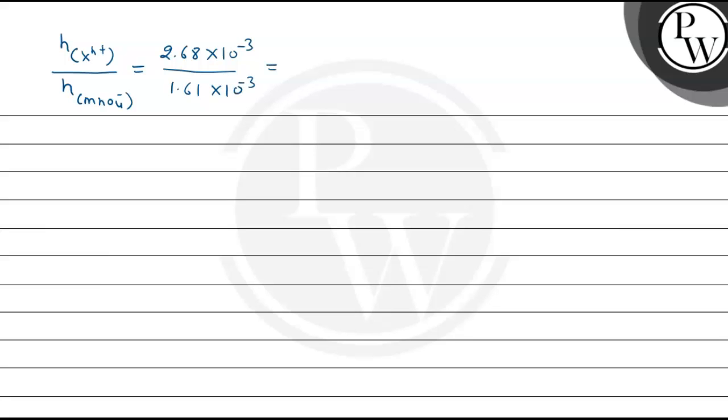After doing the mathematics, we will get the value 1.66. We are going to change it into the form of a rational number, and it is 5 by 3. So from here we get the ratio of the number of moles: the number of moles of Xn+ to the number of moles of MnO4⁻ is 5:3.